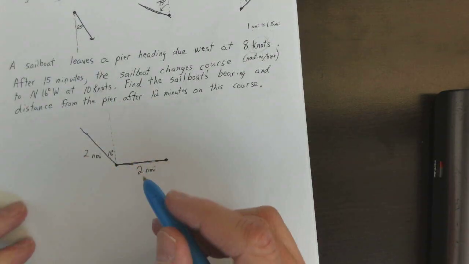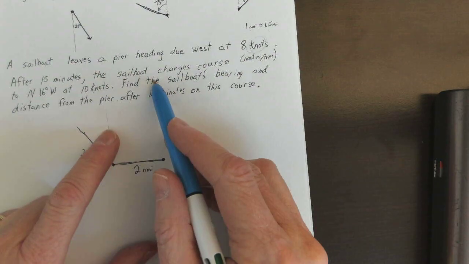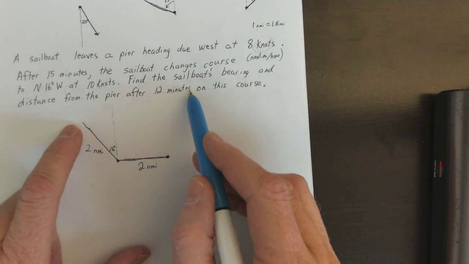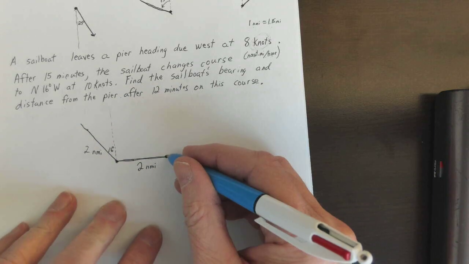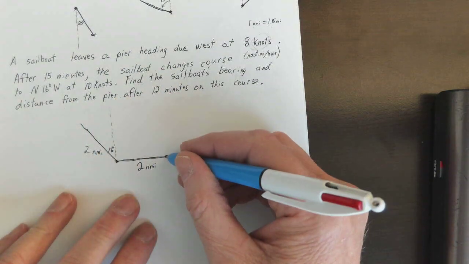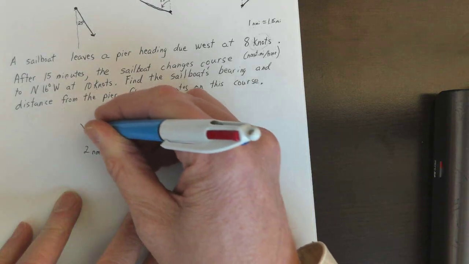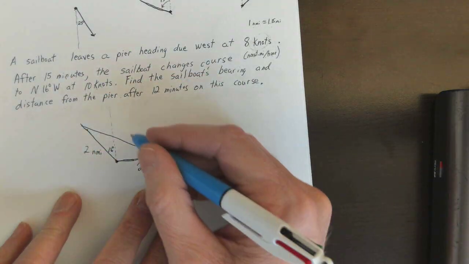Okay, find the sailboat's bearing and distance from the pier 12 minutes after on this course. So we want to find just from the pier how far the boat has traveled.